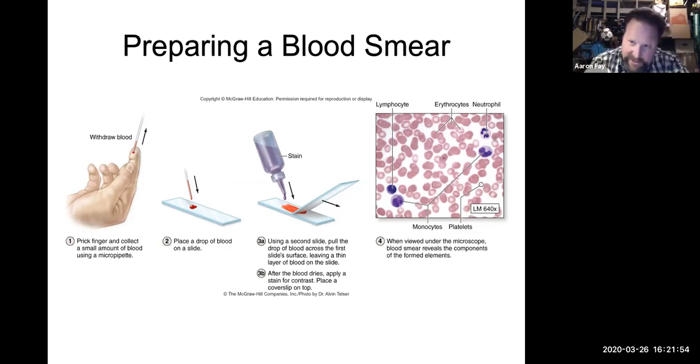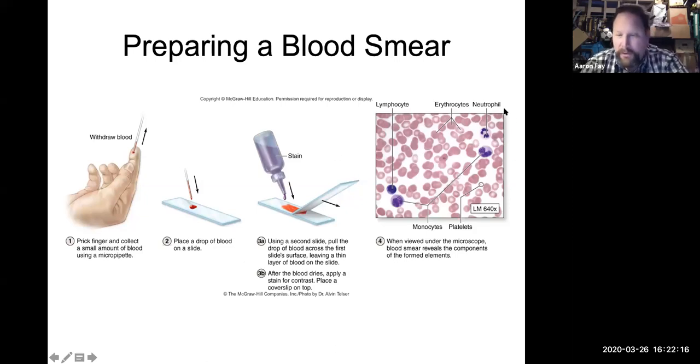Now in this image here, the white cells are blue and purple because a chemical has been added to it, a stain that will turn nuclei a dark color. Notice that the red blood cells are unaffected because they don't have a nucleus, so the purple stain won't have any effect.